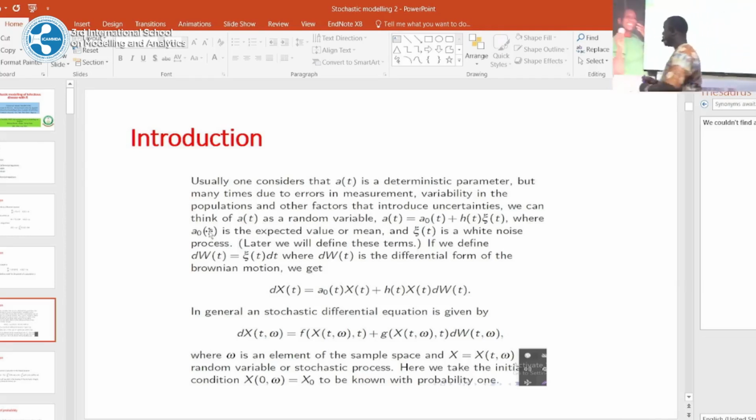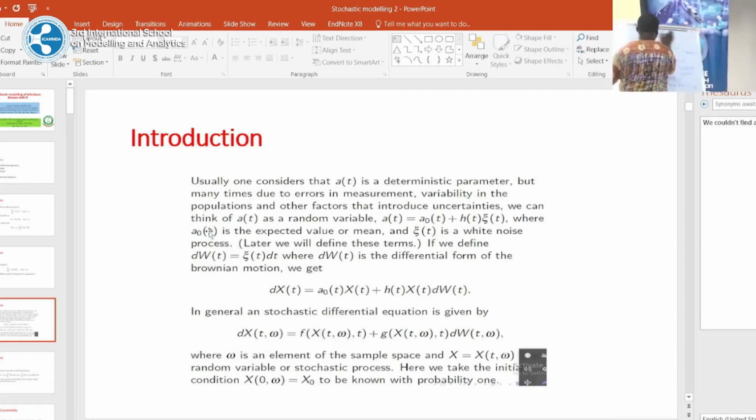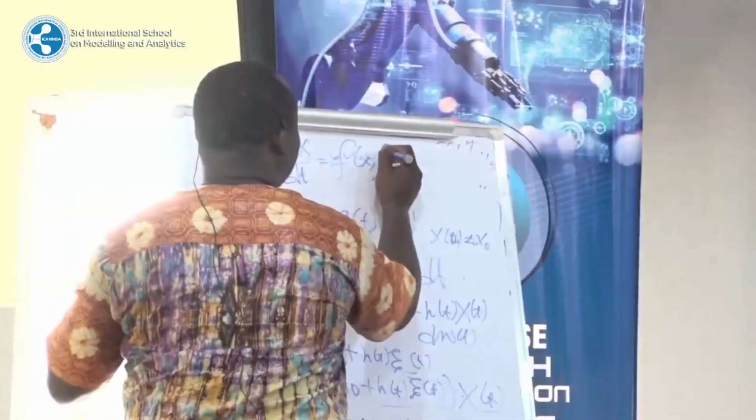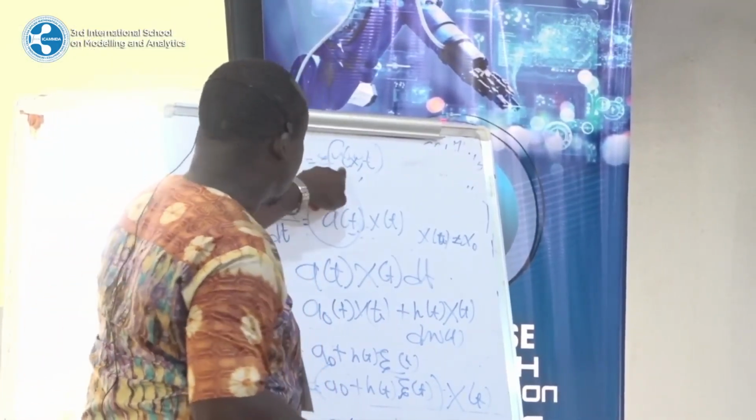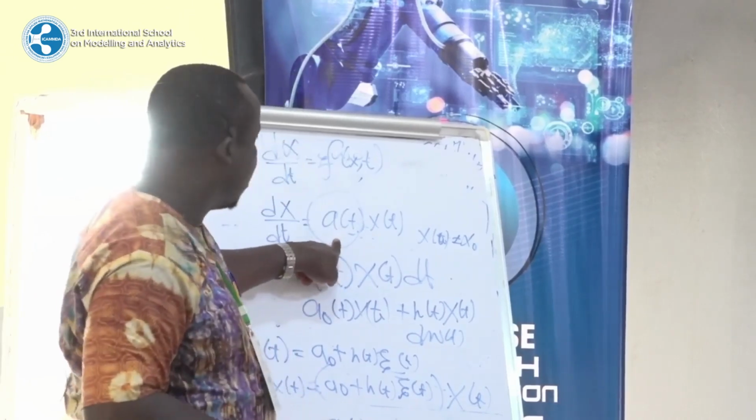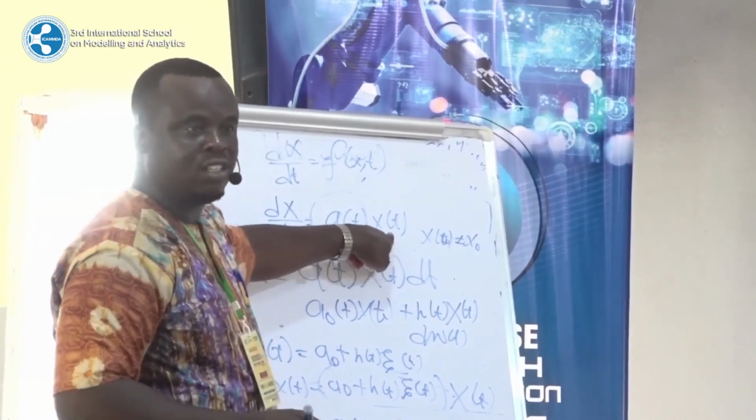For example, my dx of t over dt is equal to f of x of t, starting from there. My f of x of t here is what? It is A of t, x of t.